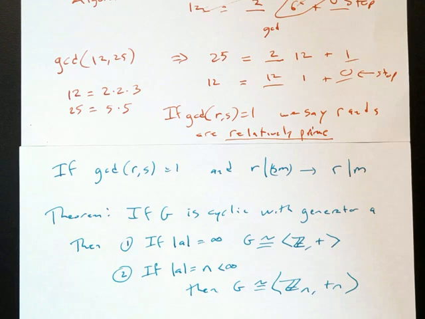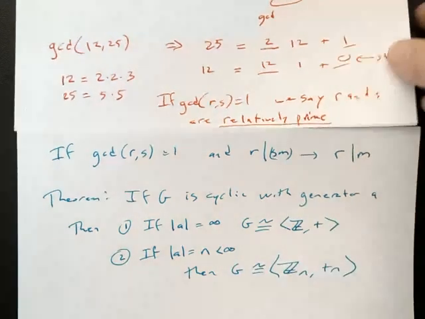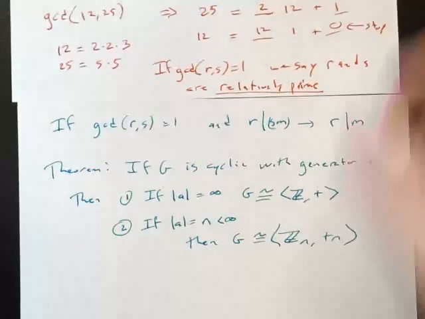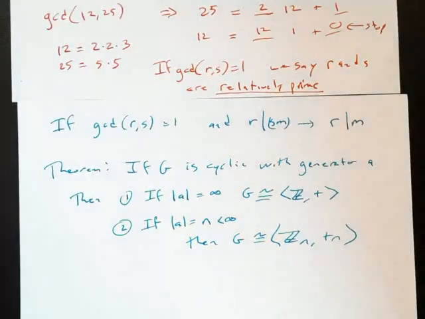Every infinite cyclic group must be isomorphic to the integers. And every finite cyclic group turns out to be Zn. Which means if I know what's going on with those clocks, I know everything about cyclic groups.